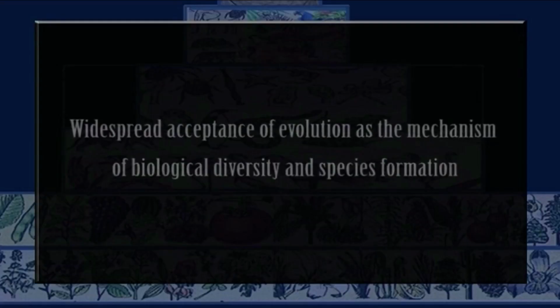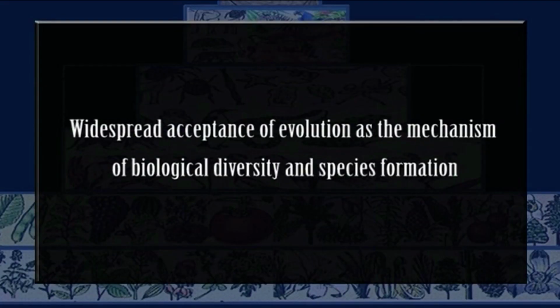Linnaeus could only base his scheme on the structural similarities of the different organisms. The greatest change was the widespread acceptance of evolution as the mechanism of biological diversity and species formation.